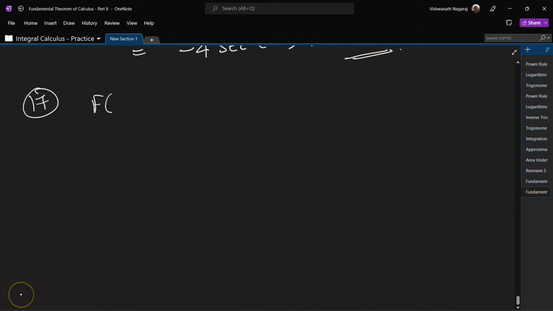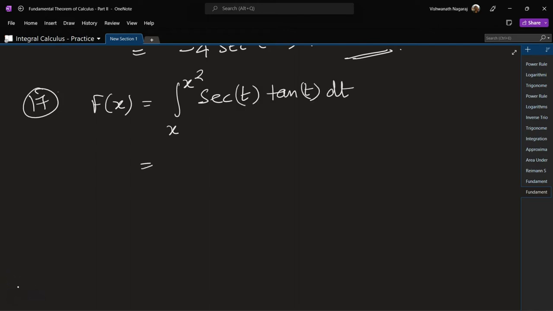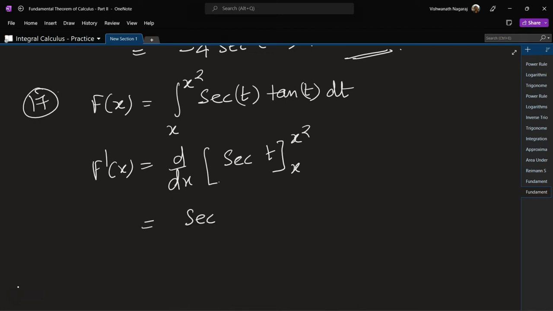Okay, 17th one. Capital F of x is equal to the integral from x to x square of sec t tan t. So sec t tan t we get when we differentiate sec t. Which means if we differentiate both the sides, we get d by dx of sec t from x to x square, which gives us d by dx of sec x square minus sec x.